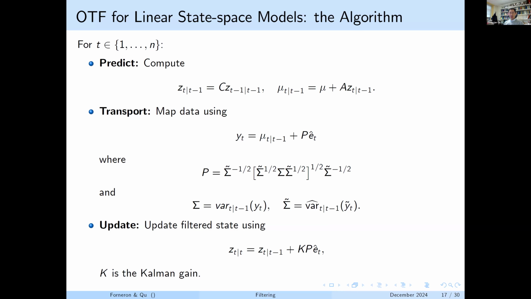As a result, we are back to the standard Kalman filter. And this means that the filter includes well-specified models as a special case. So we kind of have a continuous connection between well-specified models and misspecified models. In both cases, we will have filtered estimates that are model consistent. Okay, so that's the OTF filter that we implement for linear models.